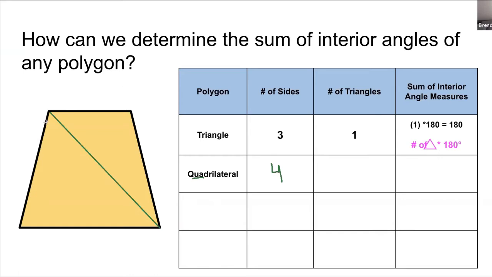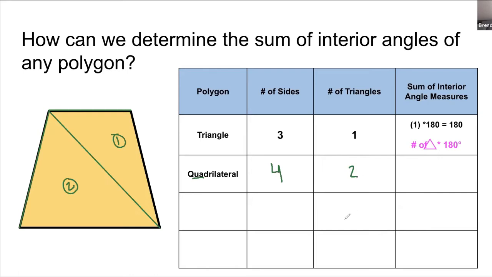I can do the same and connect it to the other vertices, but again, we only create two triangles. So what's going to happen here? I'm going to fill up my table. Number of triangles created: here I have one, I have two. Therefore, we have two triangles.